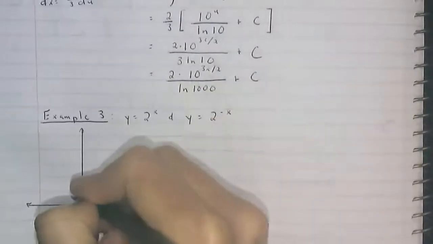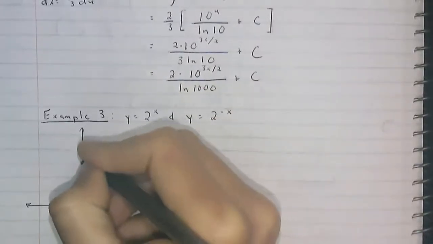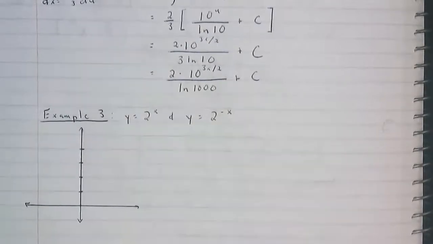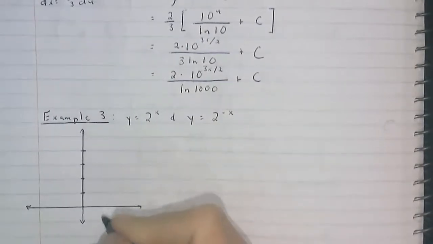We'll go like 1, 2, 3, 4, and then like 1, 2.